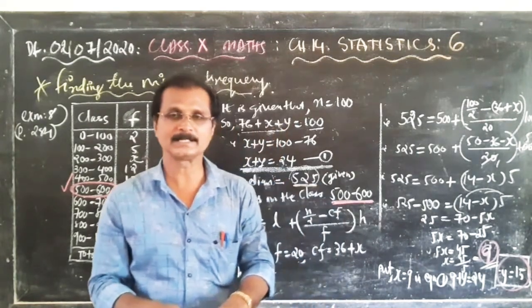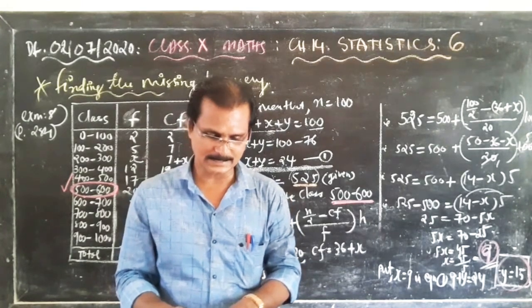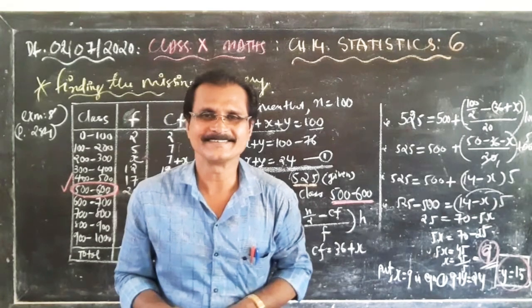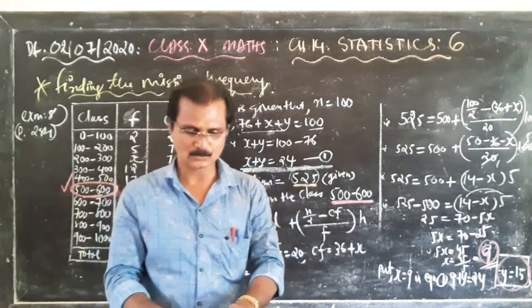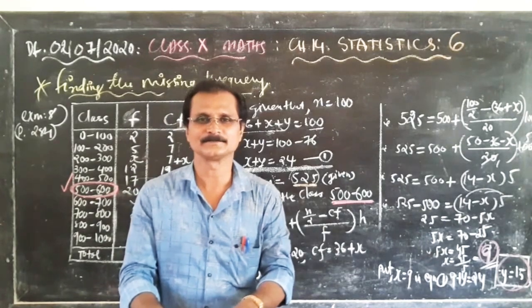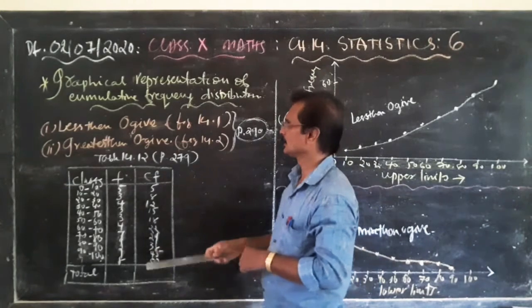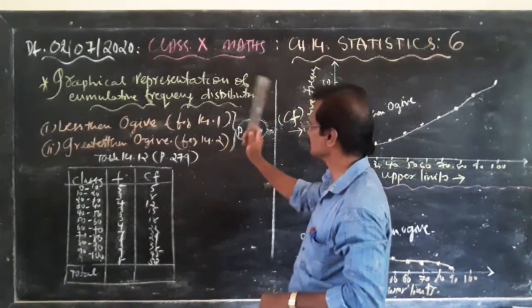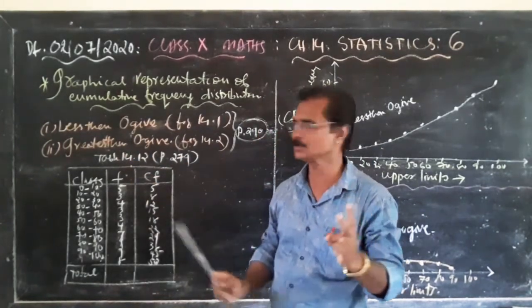Next point is page number 289. Please take page number 289, graphical representation of cumulative frequency distribution. Now we need to draw two graphs.